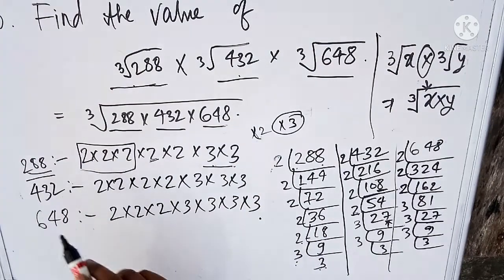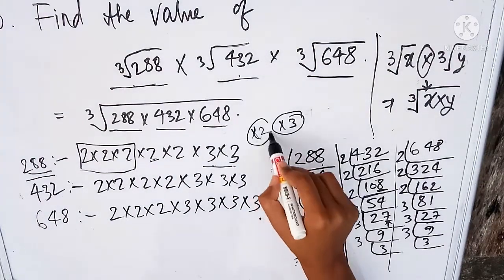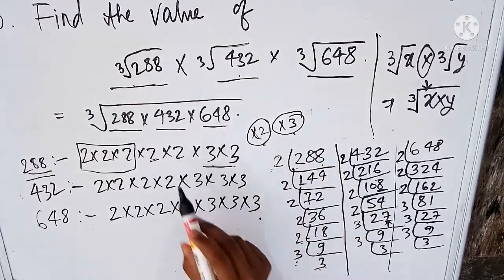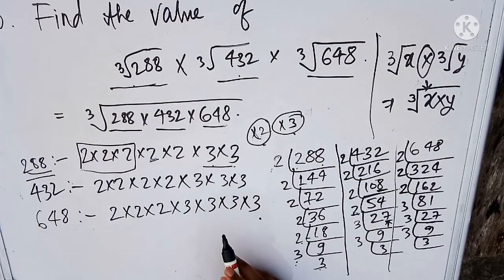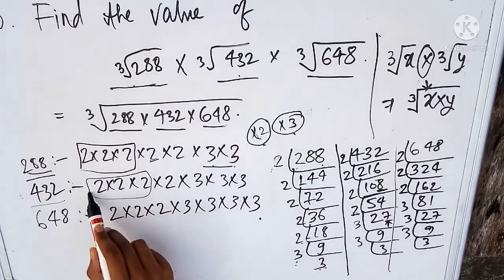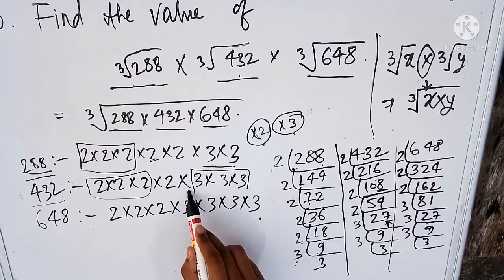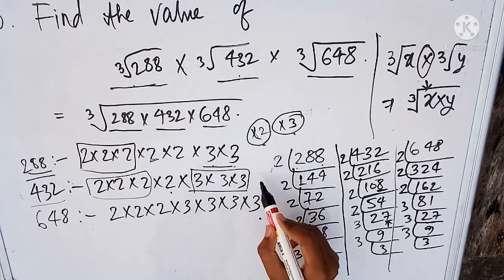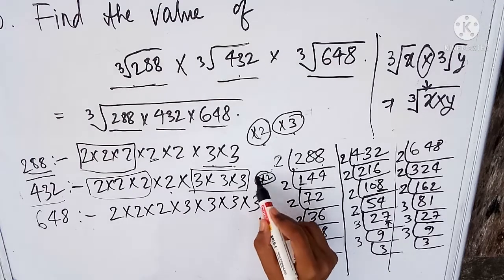So in the first number 288 we need one 2 and one 3. If you get that, then you can make this a perfect cube. In the next number 432 we have one combination of 2 and one combination of 3. But here this 2 cannot make a combination because we don't have 2 more 2s.